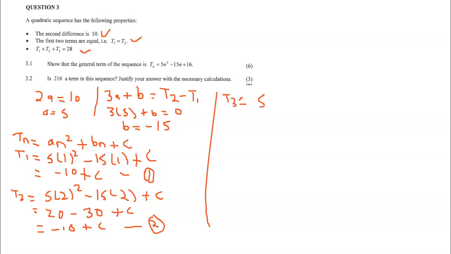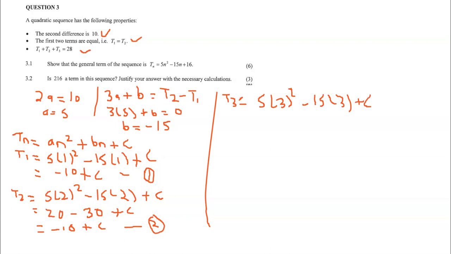A, we know it's 5, open bracket, n is 3, and then squared. And then b, we know it's negative 15, so it will be minus 15. And then n, we know is 3 this time around, so I'm going to put it as 3, and then plus c.